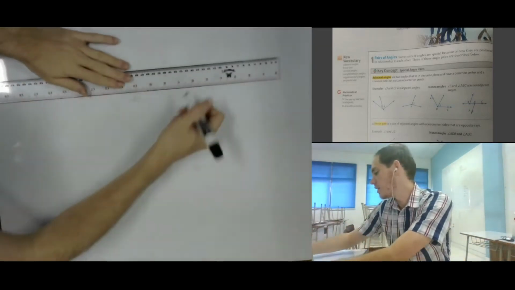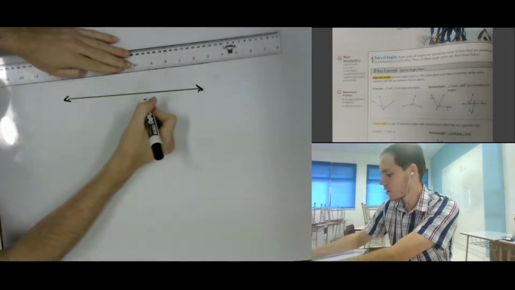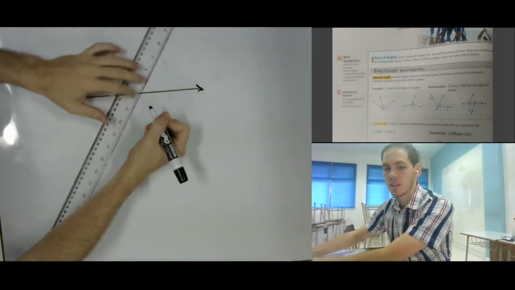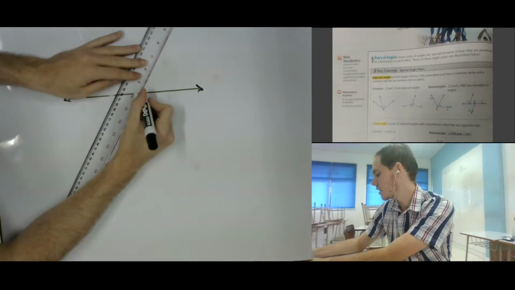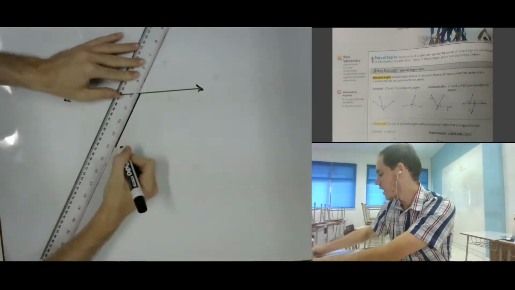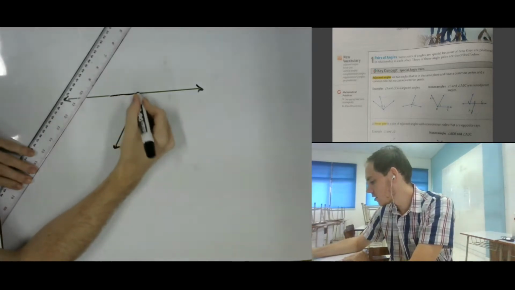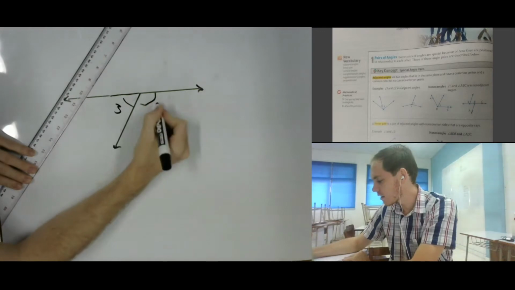Linear pair means if we have a line, that they are adjacent angles with non-common sides that are opposite rays. What's that mean? That means that a linear pair would be here, angle 3, and here, angle 4.